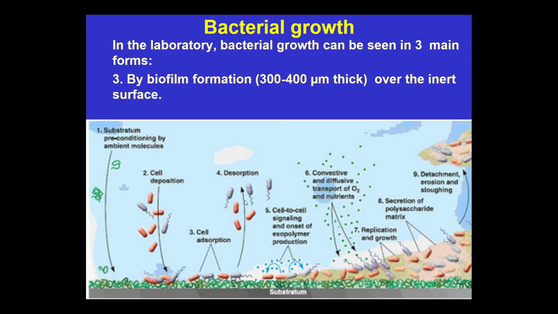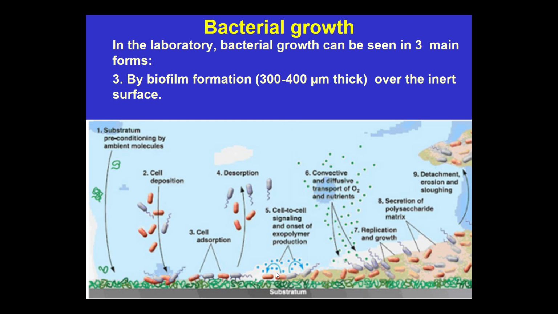Some will be desorbed from the substrate, but some stay there. And they produce quorum sensing, like cell-to-cell signaling, and bacteria start producing so-called exopolymer, which is something like the cell wall material, but secreted to the outside.